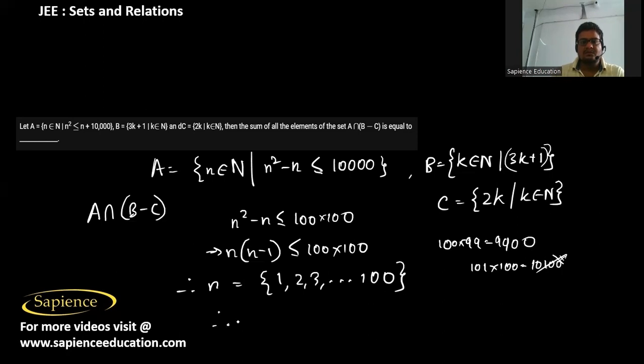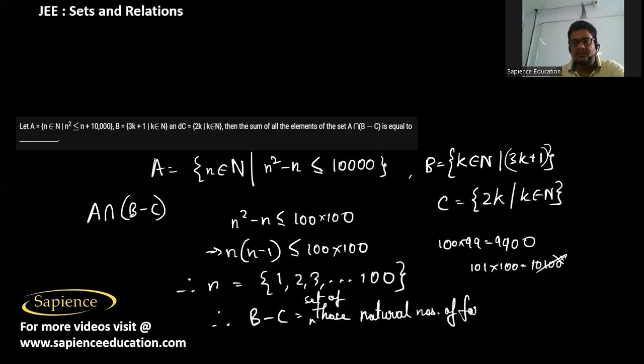So now B minus C. It is a set of those natural numbers of the form 3k plus 1, but which is not an even number.